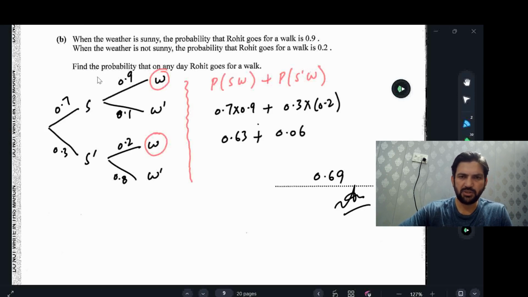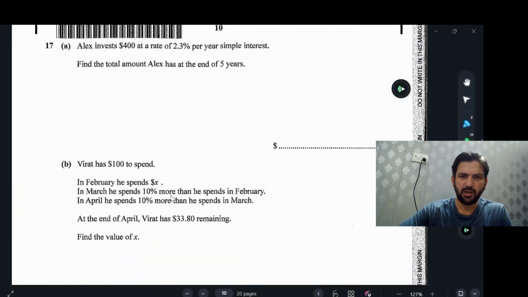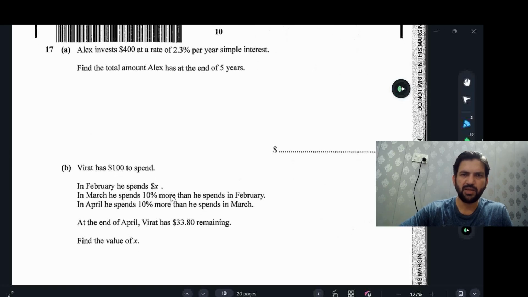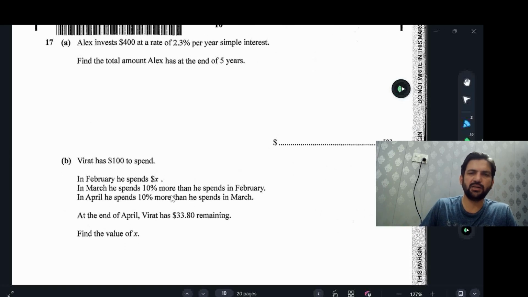Let's move to question number 17. In question number 17, Alex invests 400 at a rate of this per year simple interest. Find the total amount Alex has at the end of 5 years.